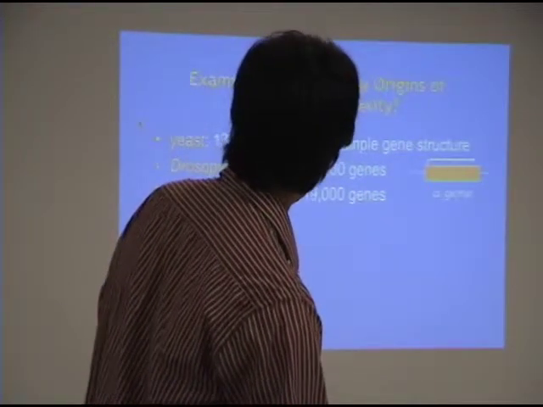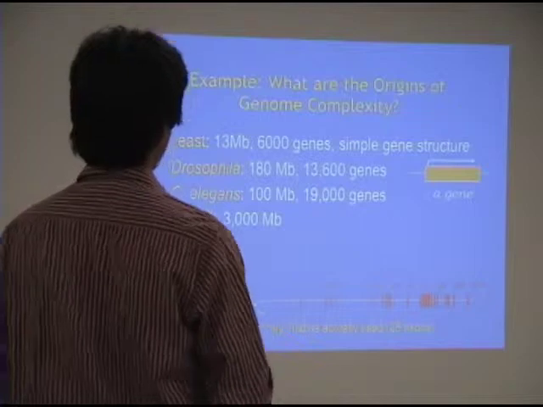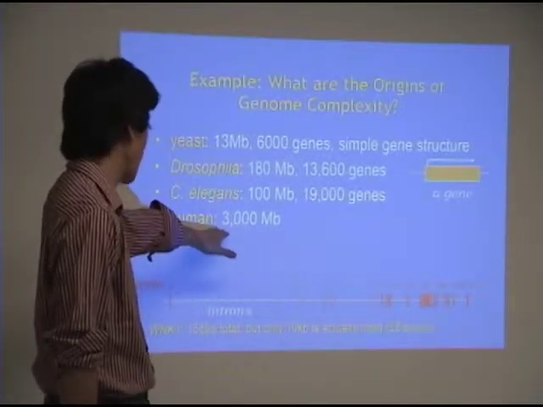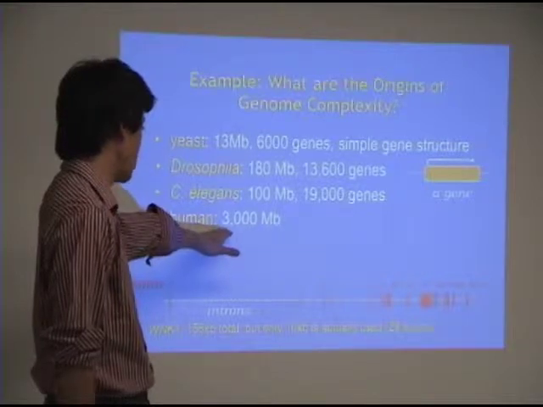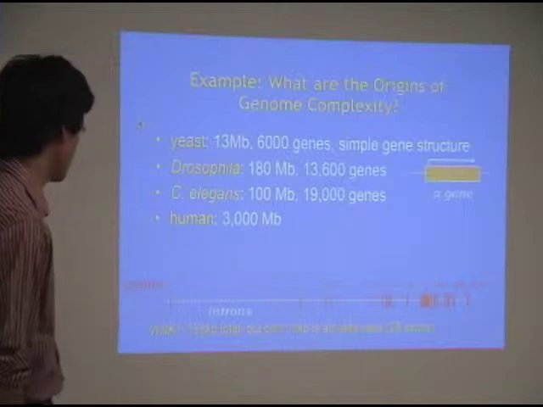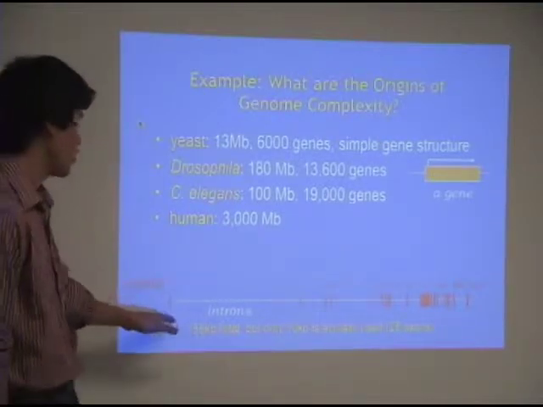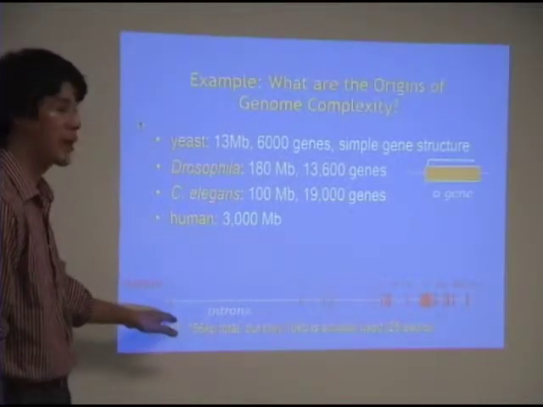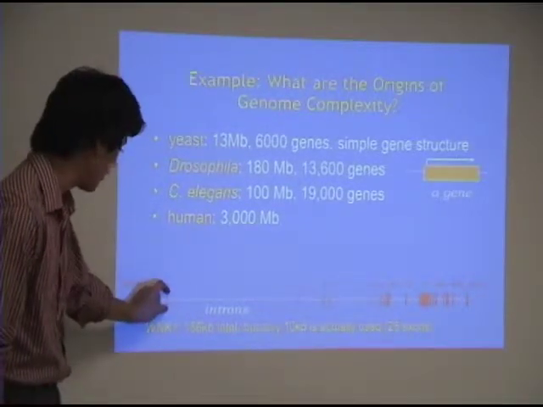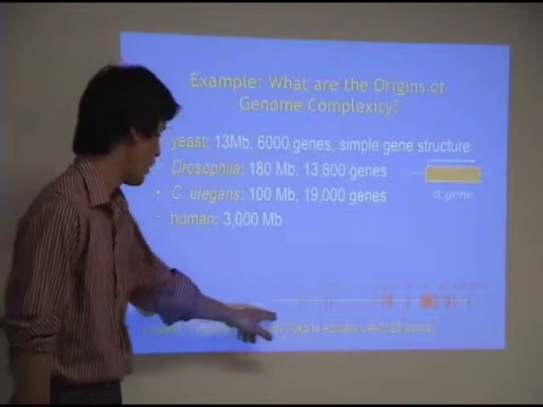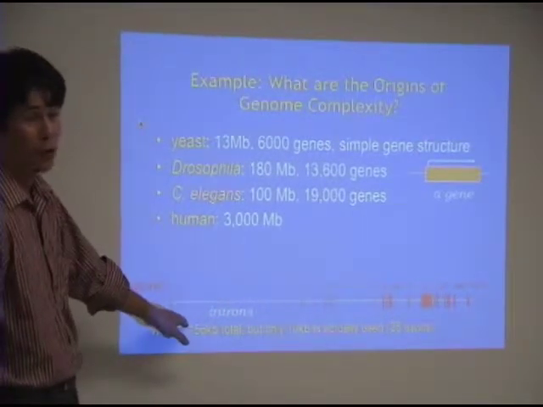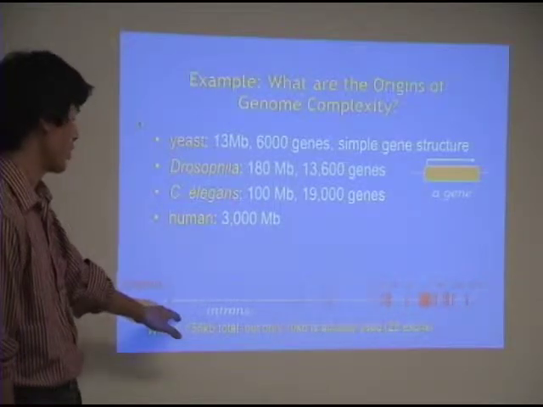And as you go on, for example, to human, that really becomes a serious problem for people trying to analyze and interpret the data. So now a 3 billion nucleotide total length of the genome, and now the gene structure is broken up into this highly complex structure of individual fragments called exons, separated by long intervening sequences called introns, that are actually removed from the final product.